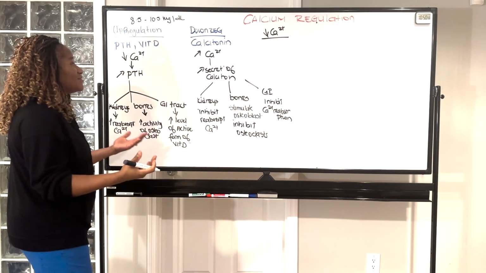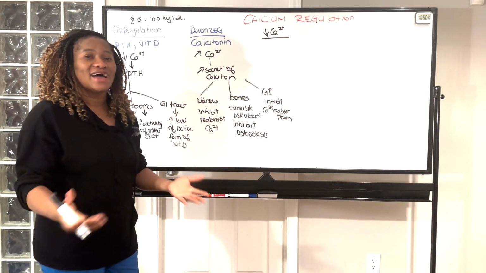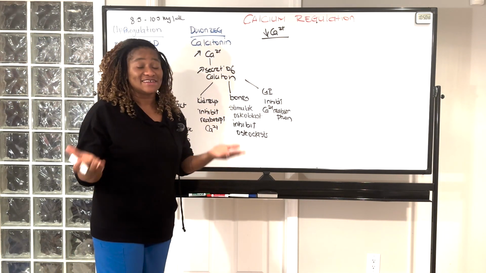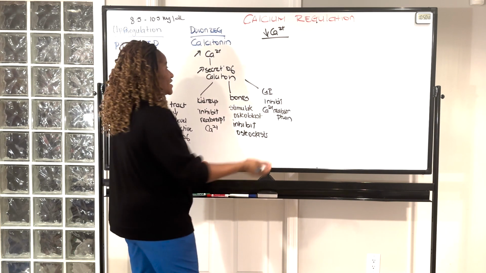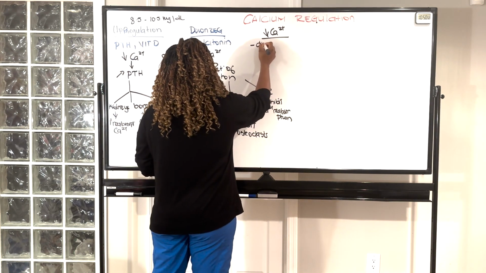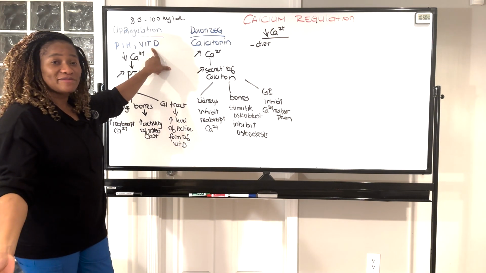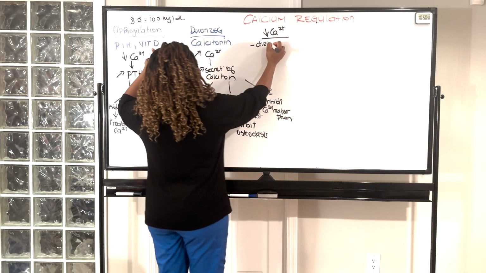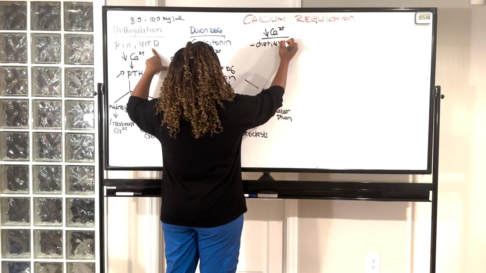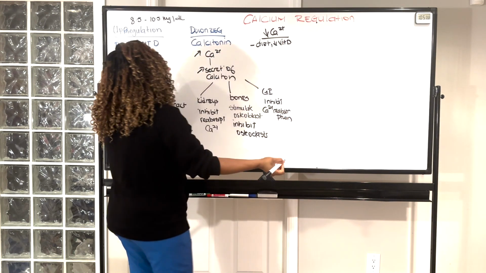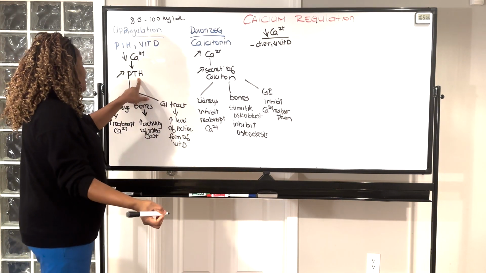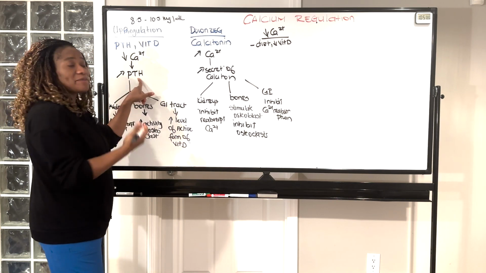In order to have a low calcium, it could be from the diet. Maybe we are not getting enough calcium in our diet. So it could be from the diet. It could be from the lack of exposure to the vitamin D, deficiency. It could be that there is a problem with our PTH.